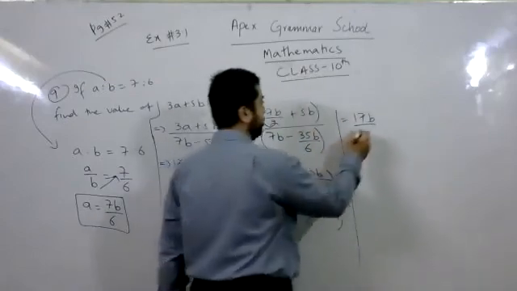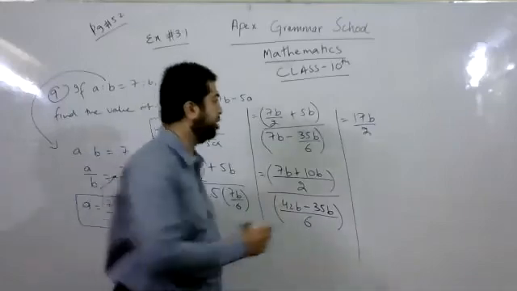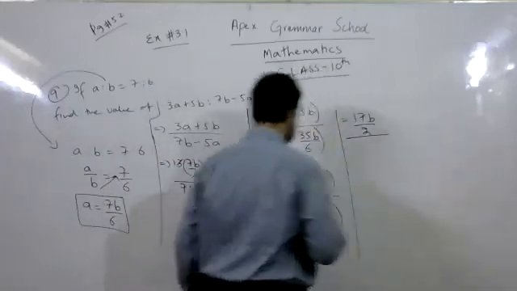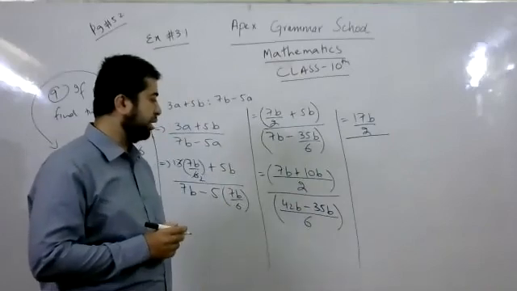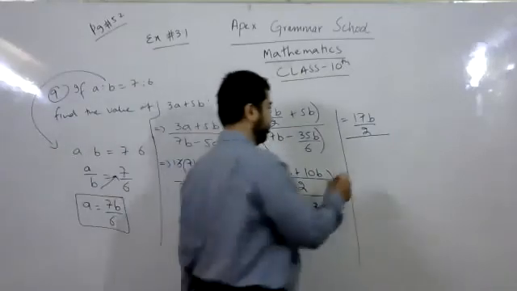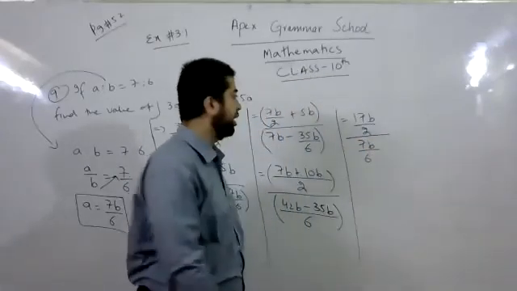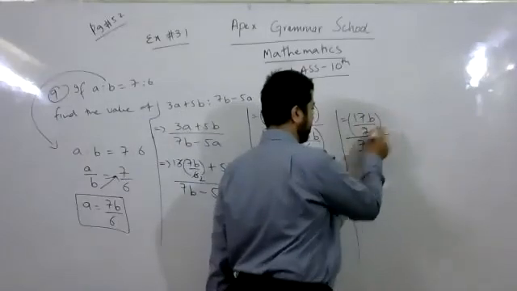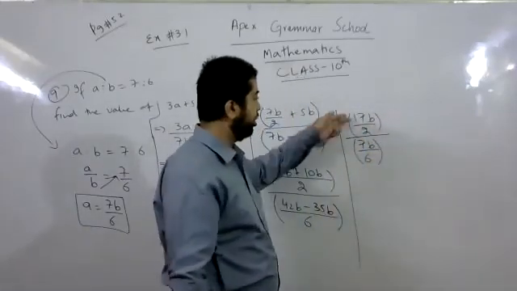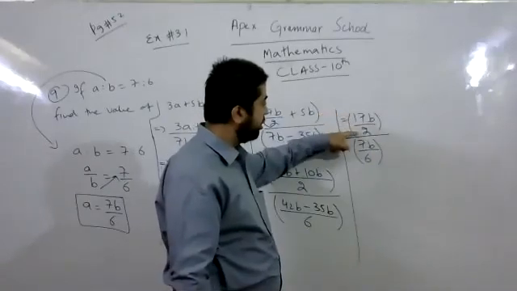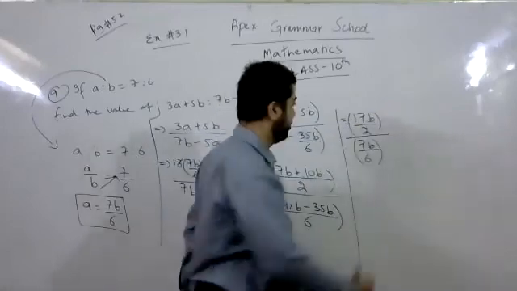And then again a big fraction. Then 42B minus 35B, 42 minus 35, the answer is 7B divided by 6. Now you can see that this fraction divides this fraction. So you can revert the denominator.